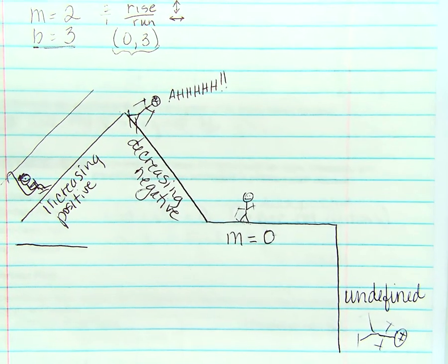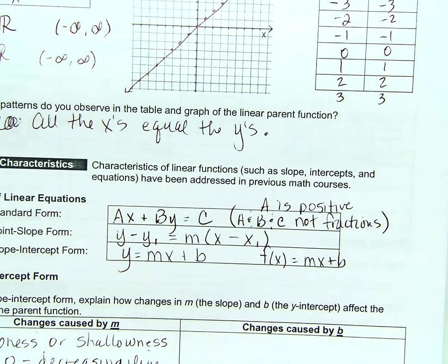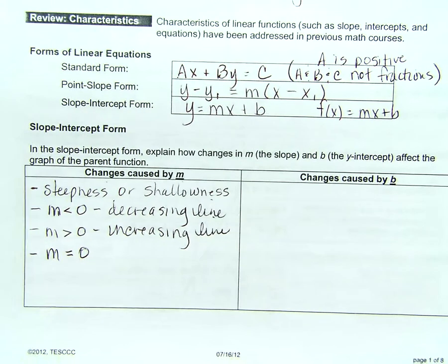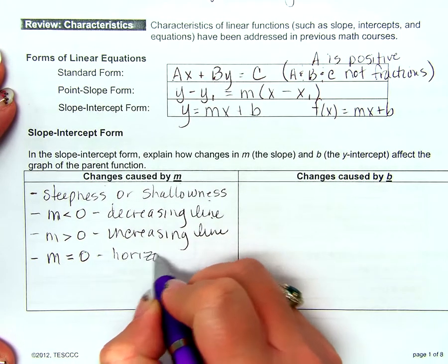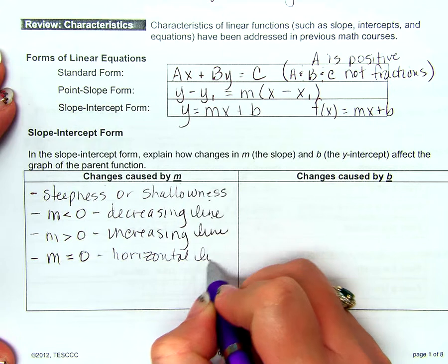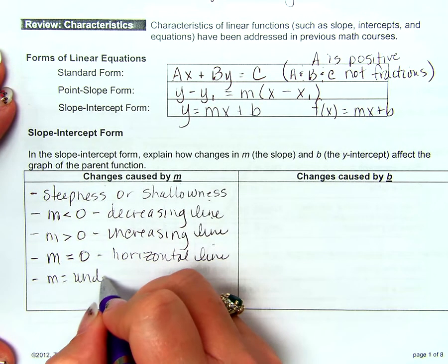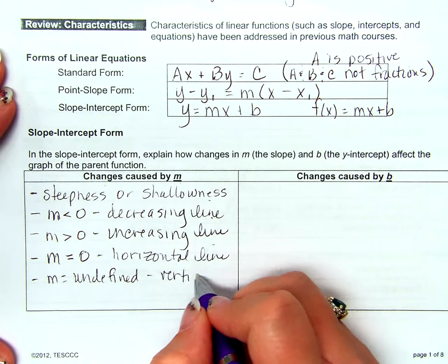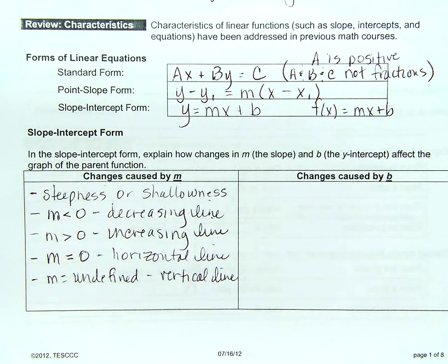So for those of you that are visual learners, does that help at all? Yes. Okay, so then let's go back here. What does m equals 0 mean? Horizontal line. And when m is undefined, okay?